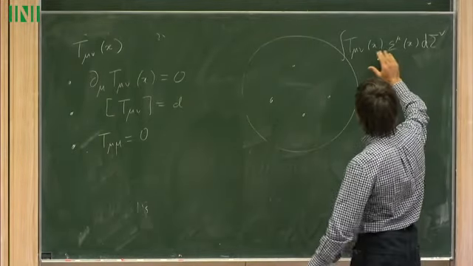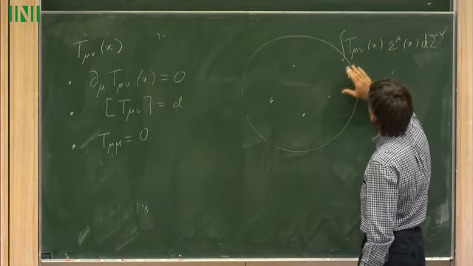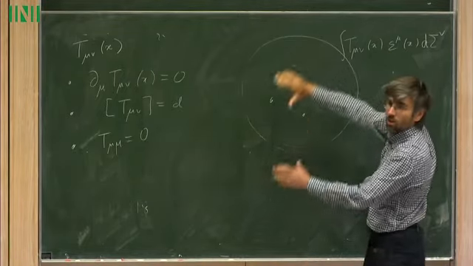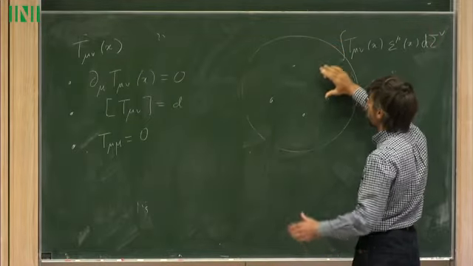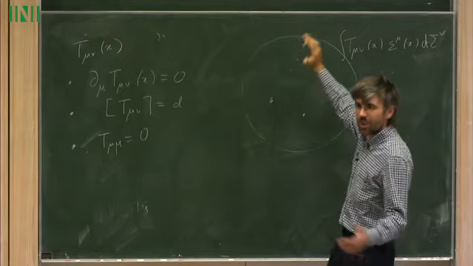If T mu nu is conserved and epsilon mu is a conformal Killing vector field, then you can move this sphere around and this integral does not change. So you can push it to infinity and then the result is 0.